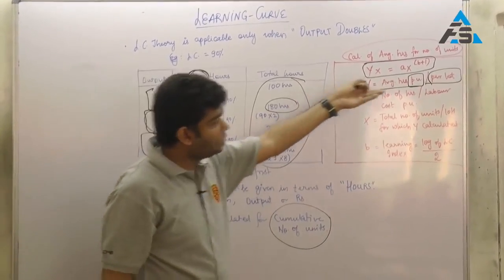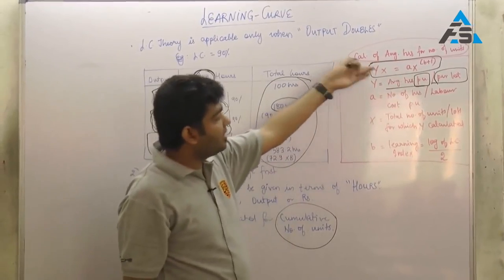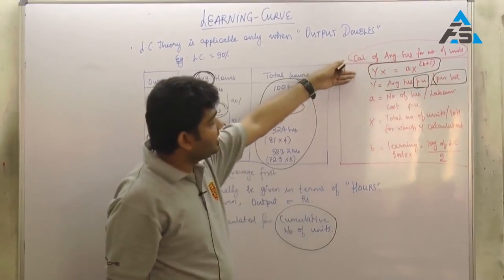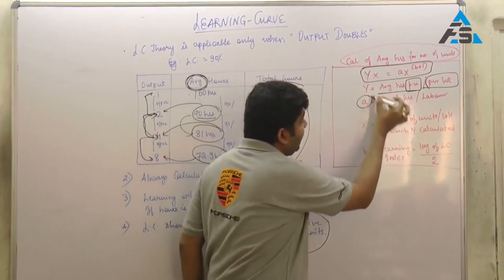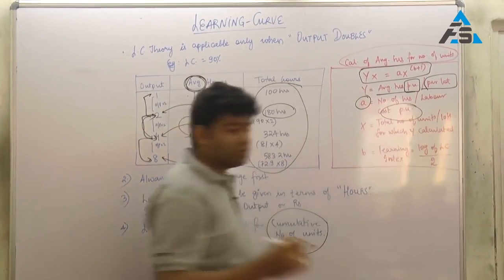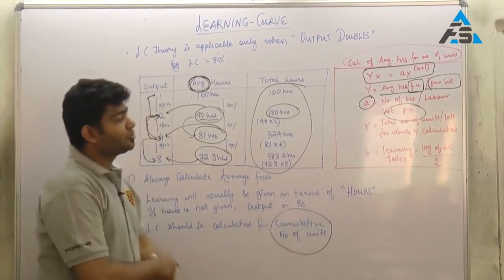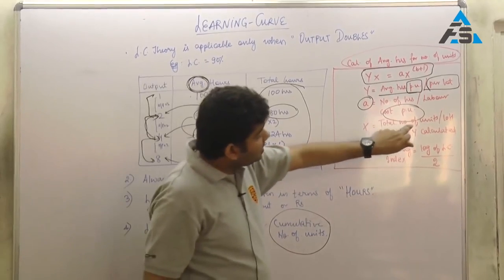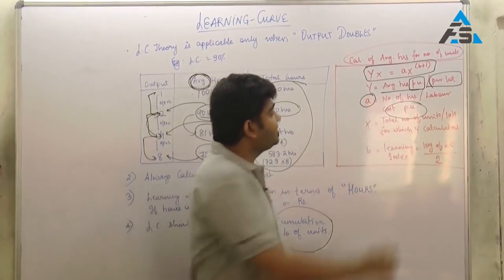A is the number of hours or cost for the first unit. X is the total number of units for which Y is to be calculated.